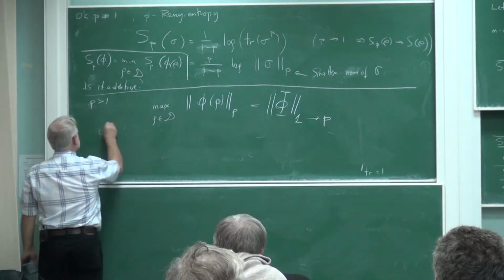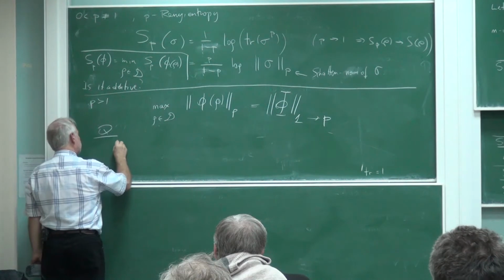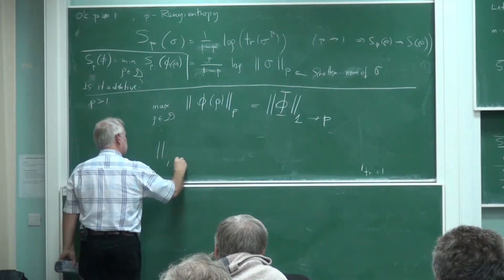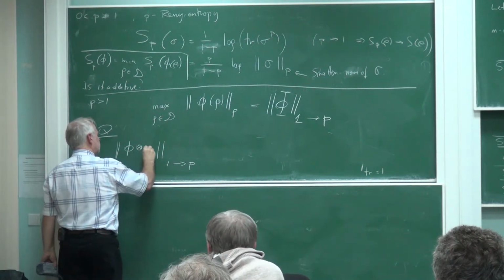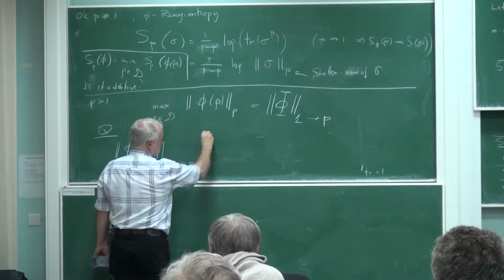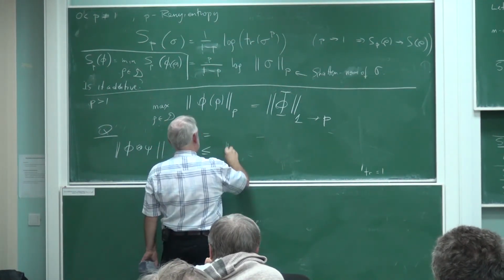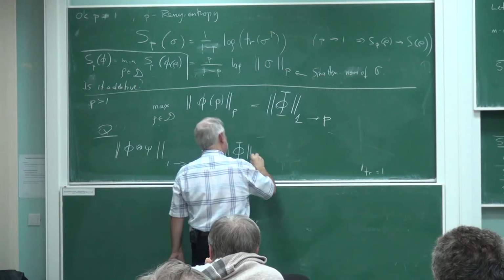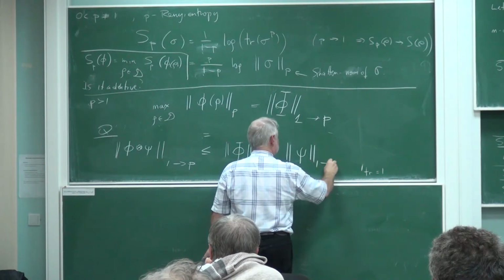So the question here becomes: do we have that the norm from 1 to p of phi tensor psi is less than or equal, well, which is the same as equal, because greater than or equal will be trivial, to the norm of phi from 1 to p times the norm of psi from 1 to p.